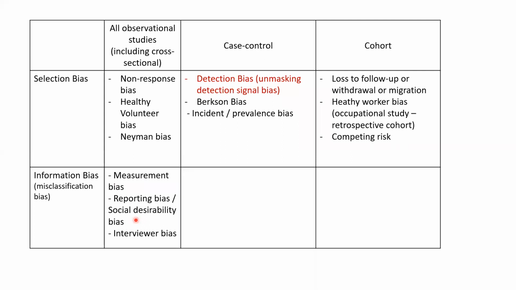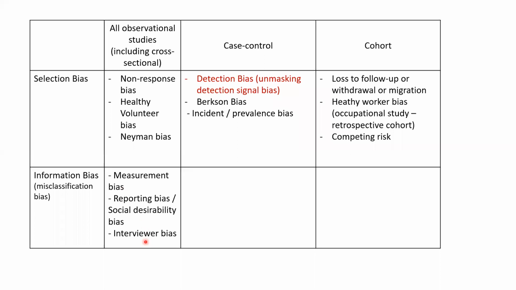This is basically when it comes to the subject. So let's say I'm doing an interview about alcohol and the subject doesn't really want to tell me the truth. He doesn't want to tell me the real consumption of alcohol and he might give me the answer that I want to hear. And this is what you call social desirability bias or reporting bias.